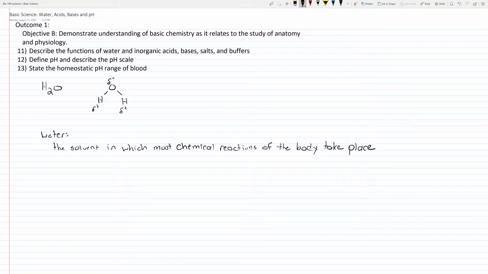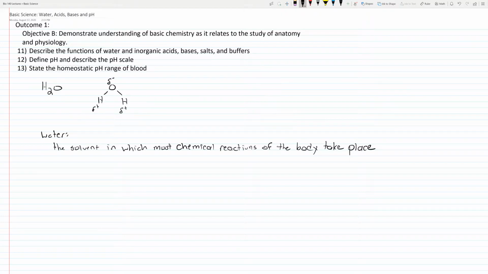One thing I like to tell students, just so they can simplify the importance of water, and it's an overstatement, and there are always counterexamples, but for us it will pretty much hold true: if your body cannot dissolve it into water, it can't really use it. That's how important water is. If it's not water soluble, you can't get it to dissolve in water somehow, you can't use it.